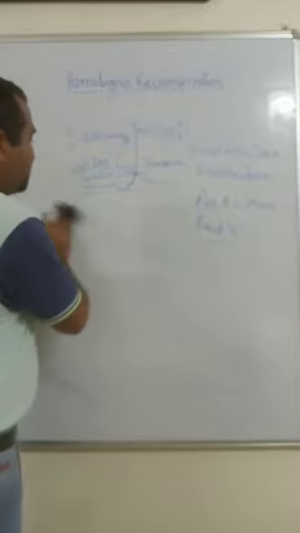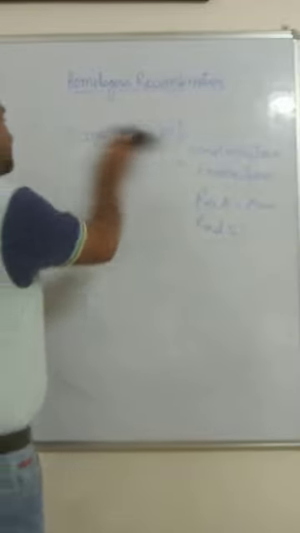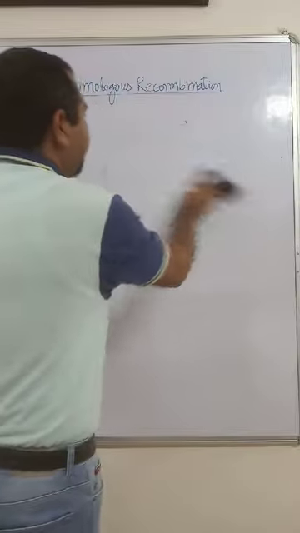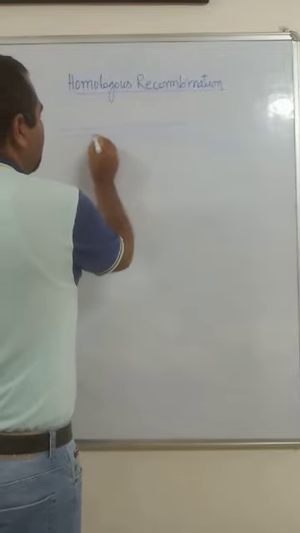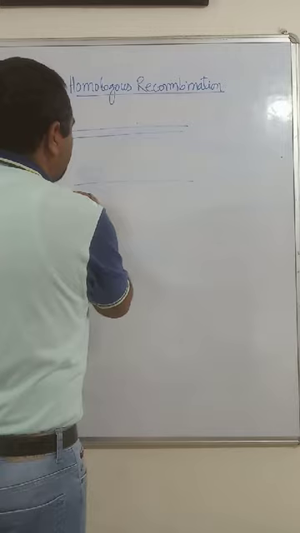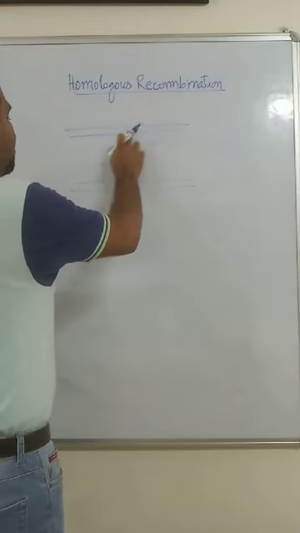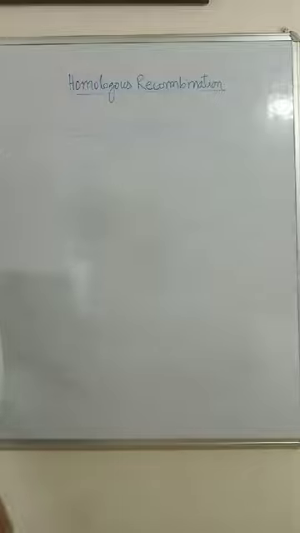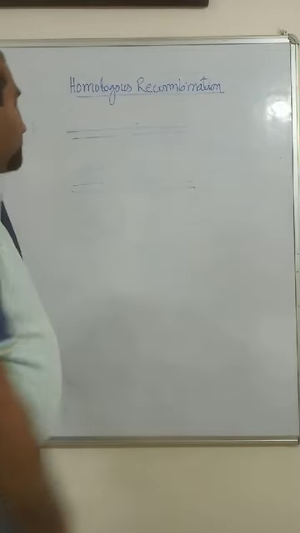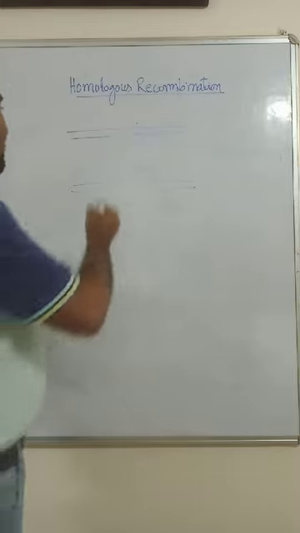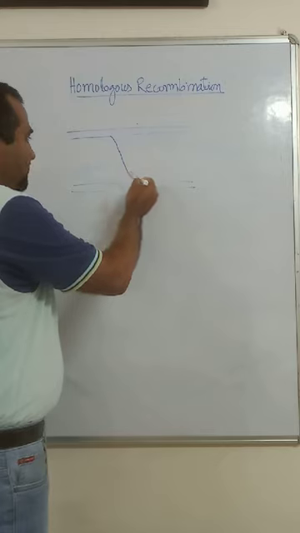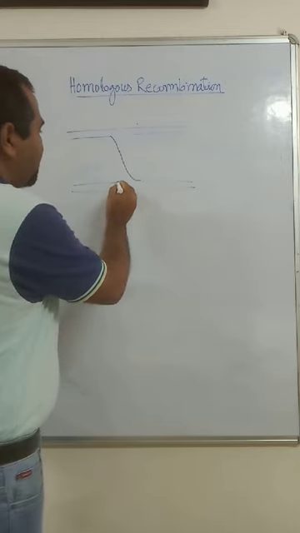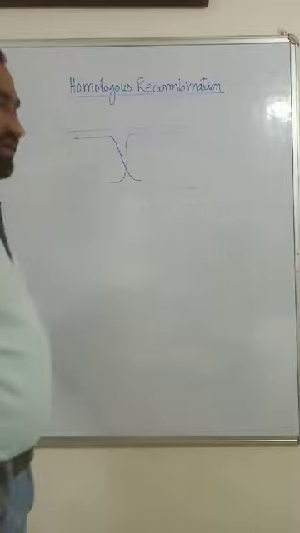So for simplicity, we will observe only one strand. So suppose these are two chromosomes, and now the break takes place only on one helix of both the homologous pair chromosomes, and now this 3 prime end starts growing in this way, and this cut end starts growing in this way.